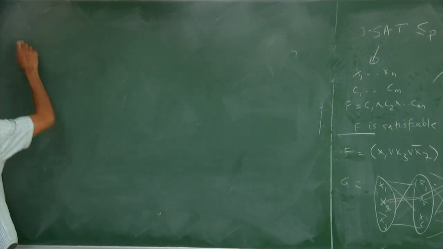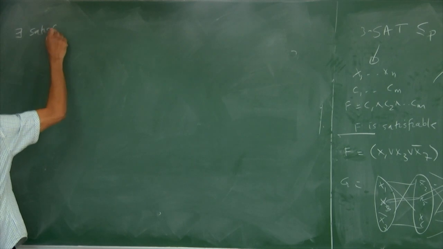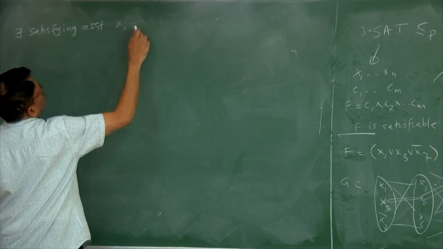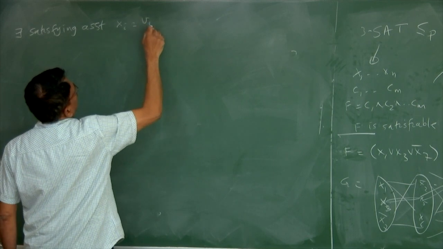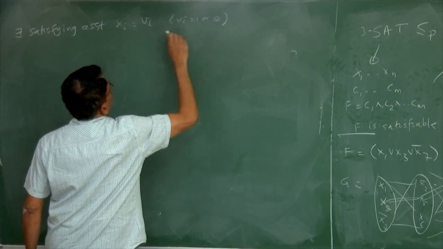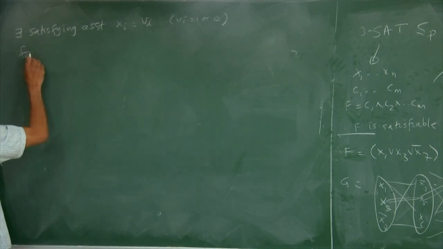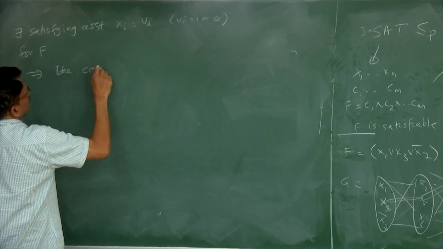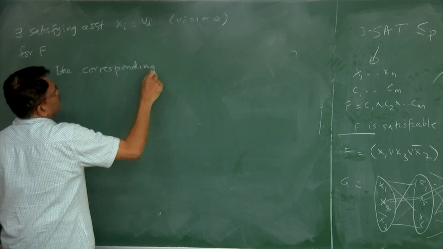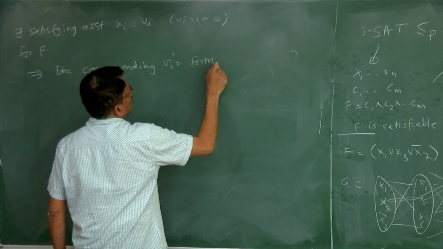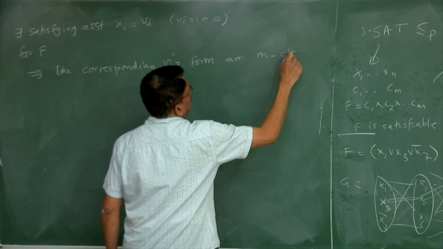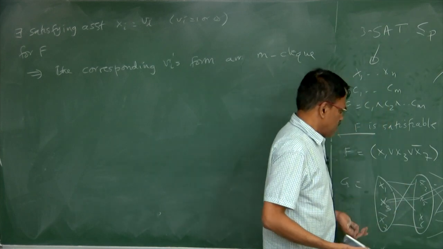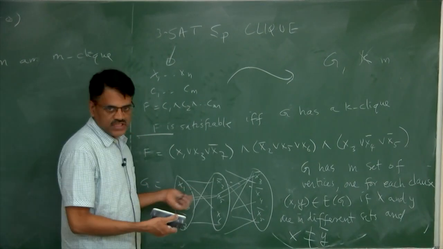In this case, there exists a satisfying assignment xi equal to some vi, where vi is 1 or 0, for f implies the corresponding vi's form an m-click, because if you have a satisfying assignment, I pick the variable here which satisfies this, and I know that it's not possible that one is the negation of the other because these are all set to 1.